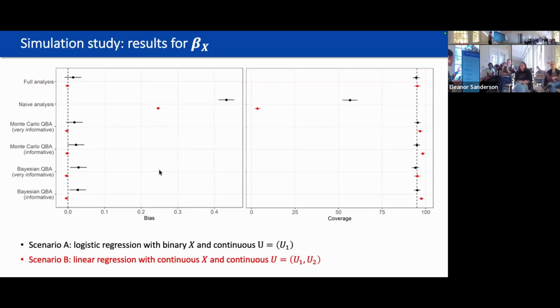When we did the Monte Carlo bias analysis with both the very informative priors and less informative priors, we got back to what we had with the full analysis and close to nominal coverage. And we got very similar results with the fully Bayesian analysis too. As I say, we looked at this across lots of different analysis scenarios and we got the same results, which was encouraging.